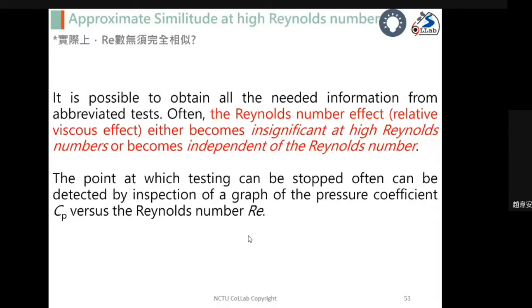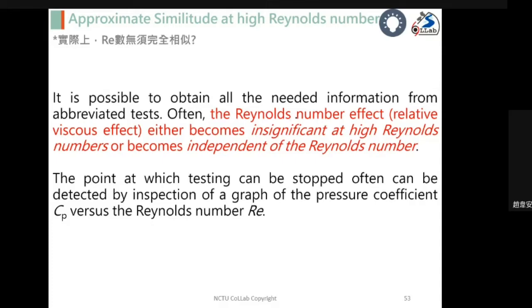So we provide a possible solution to the problem we mentioned before. It is possible to obtain all the needed information from an abbreviated test.